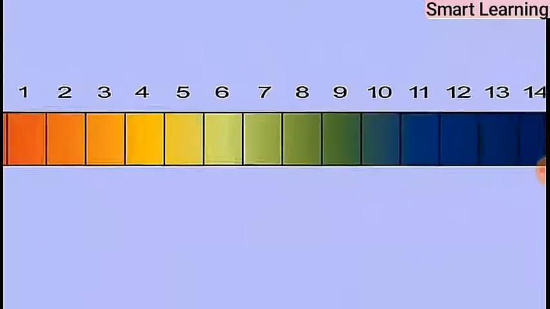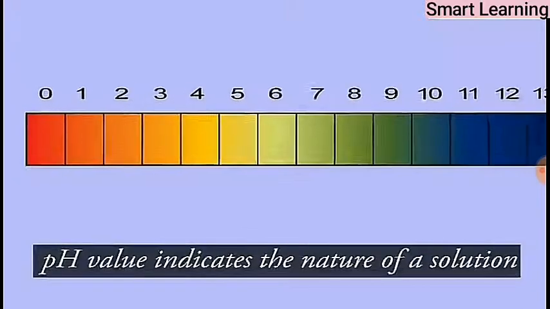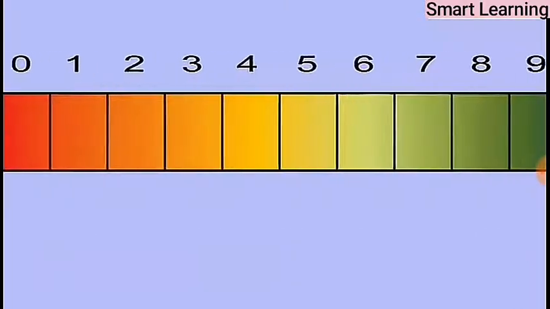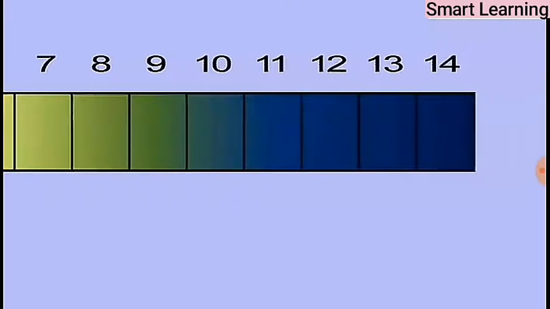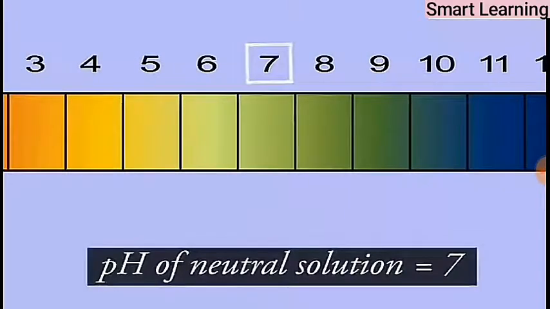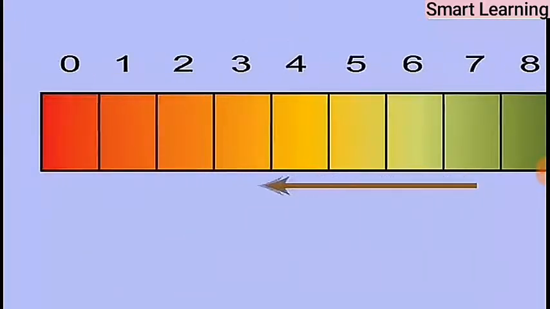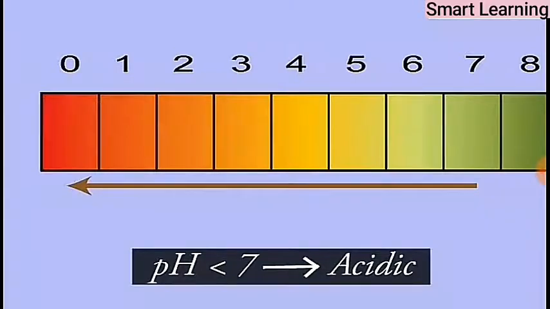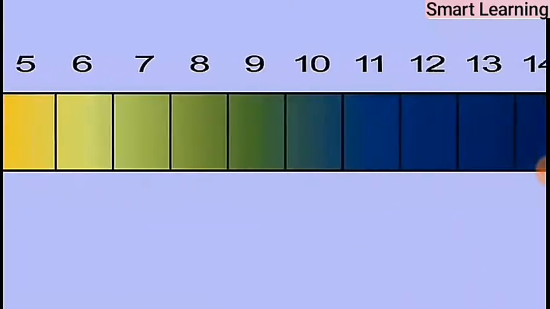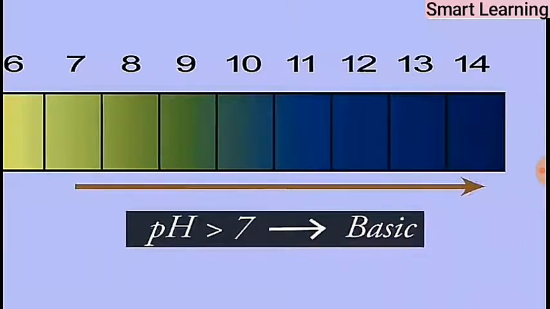The pH of a solution is a number which indicates the acidic or basic nature of a solution. It ranges from 0 to 14. The pH of a neutral solution is 7. Values less than 7 represent acidic solutions, while those greater than 7 represent the basic nature of solutions.